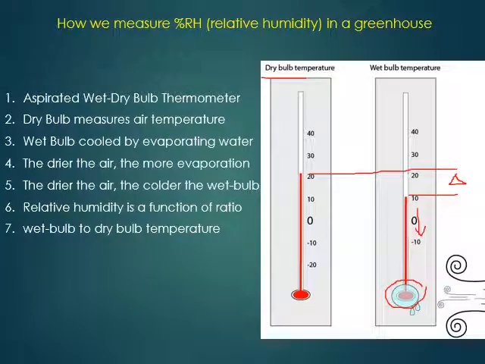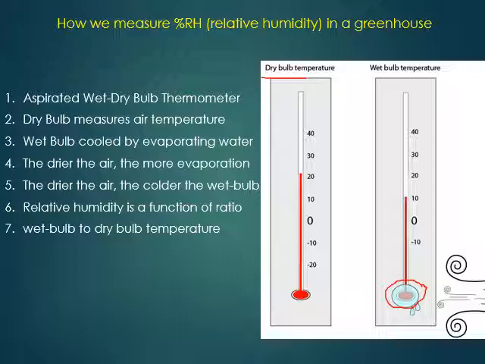So as we approach 100% humidity, what happens? What would you expect? If we're approaching 100% humidity, what would happen with this wick? It will evaporate less, which means the delta becomes smaller. Effectively, I'll just draw a red line in here.